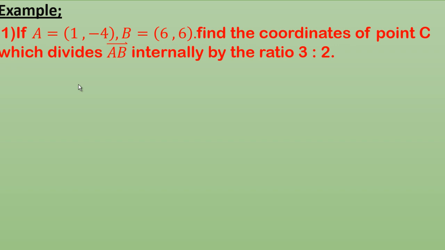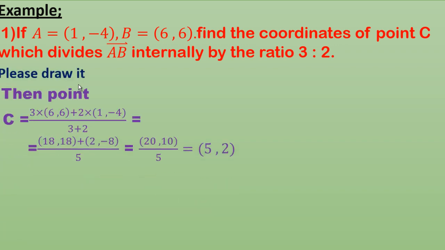I have now two unequal parts. In Prep 3, two equal parts, so we summed the two coordinates and divided by 2. But today, two parts unequal. I have a ratio between them, 3 to 2.